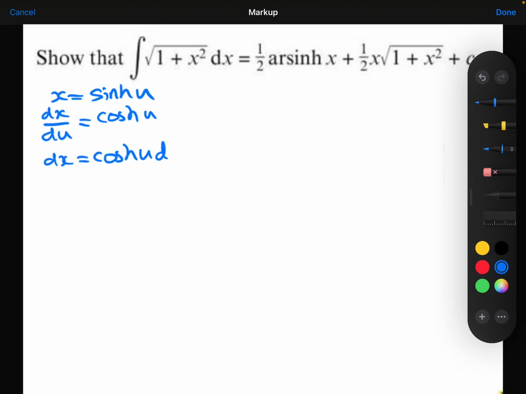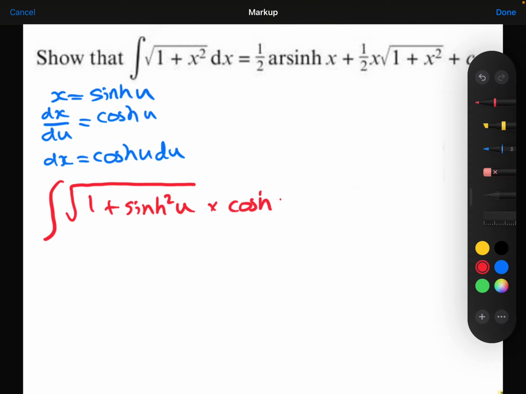Okay, now let's do some substitution. So the integral of the square root of 1 plus sinh squared, replace the dx as well. So I get that. The 1 plus sinh squared can be replaced with cosh squared.